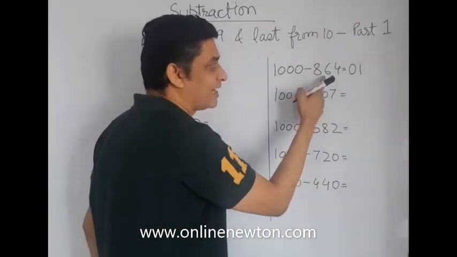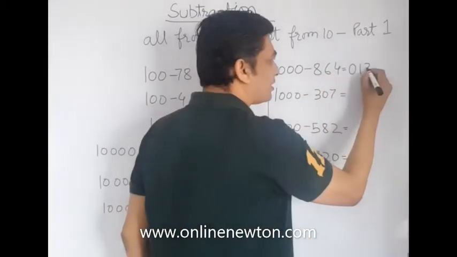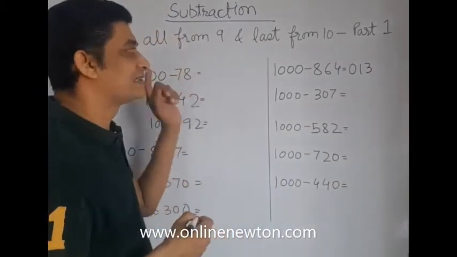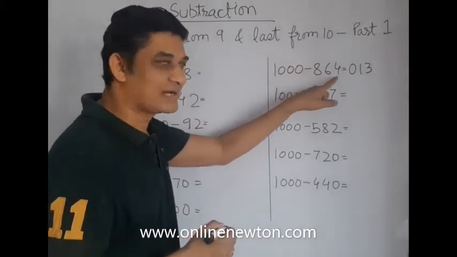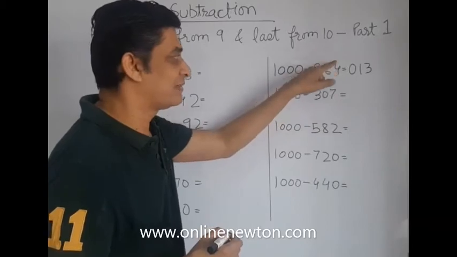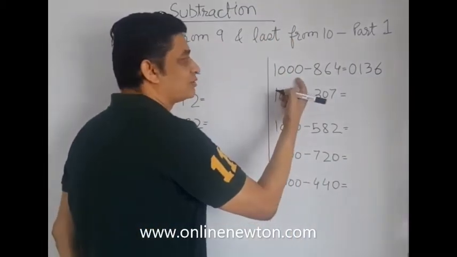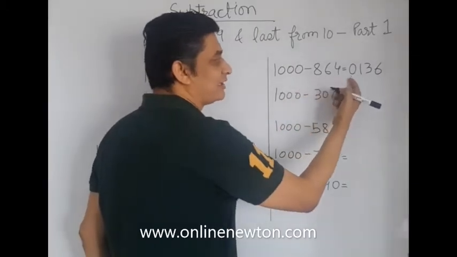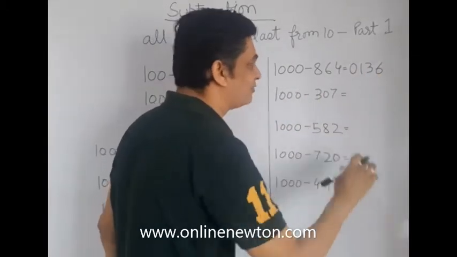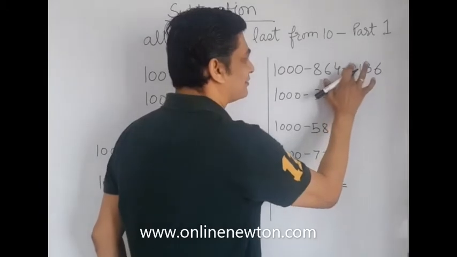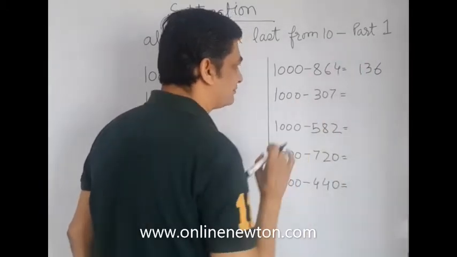Subtract 6 from 9, so 9 minus 6 is 3. And subtract the last digit from 10, so subtract 4 from 10. 10 minus 4 is 6. So the answer to 1000 minus 864 is 136. We can remove this 0 later if we want. This was just for explanation.